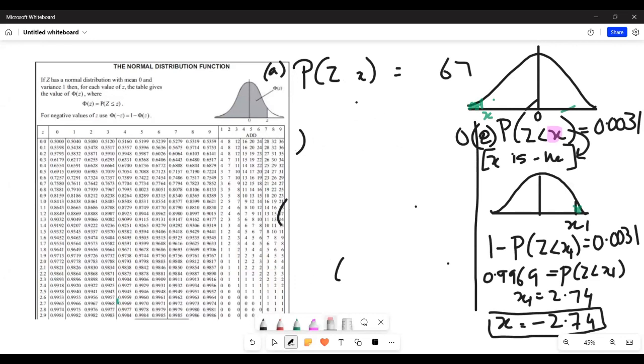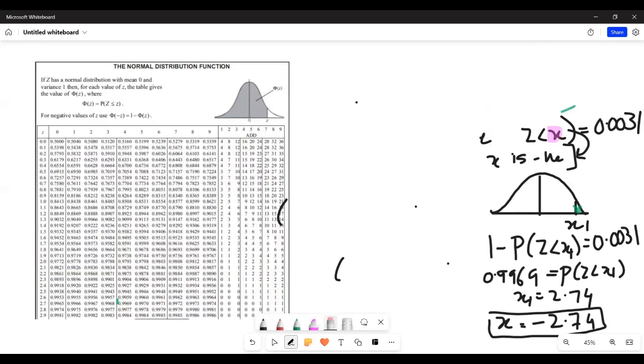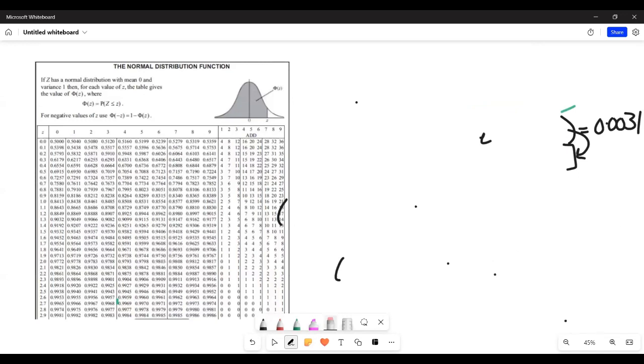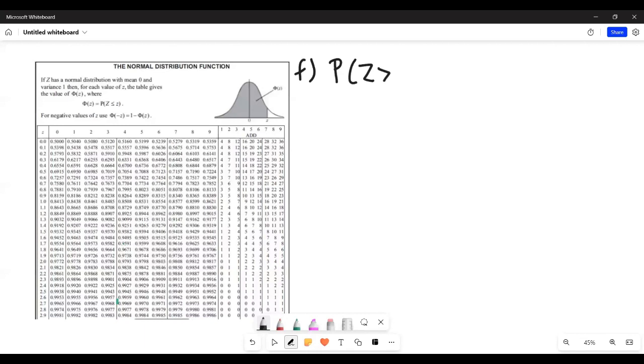Part F. Probability V is greater than m equals 0.0071.